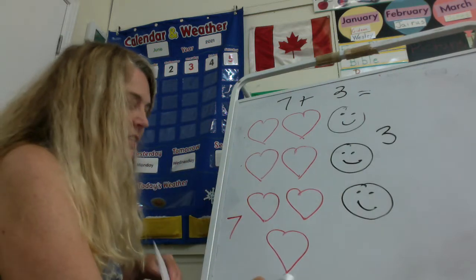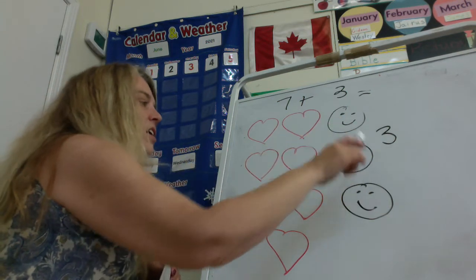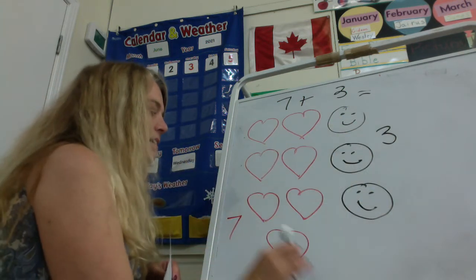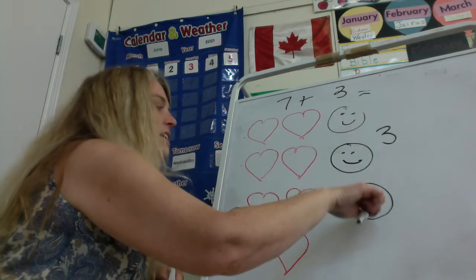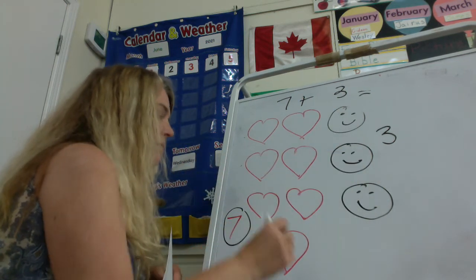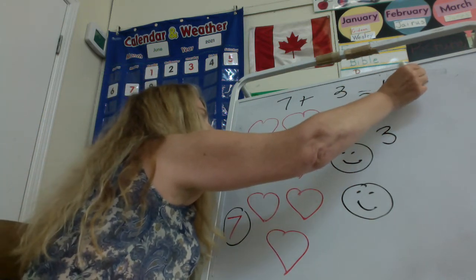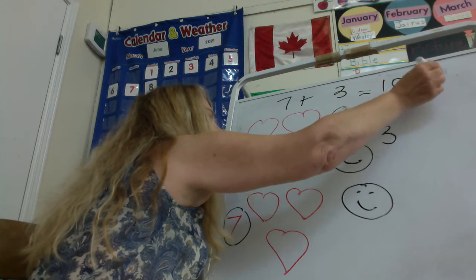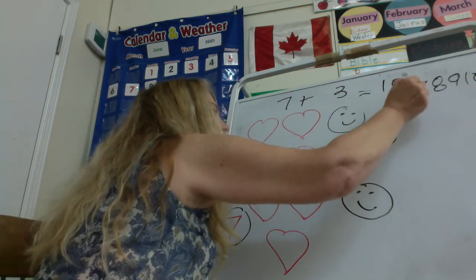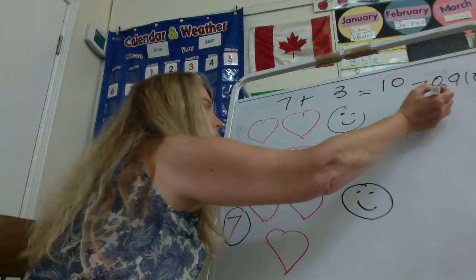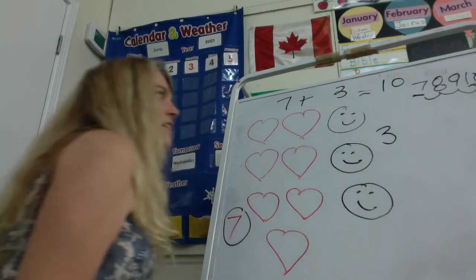We know this is 7, so we'll start at 7. 7, 8, 9, 10. We're counting on from 7. And that equals 10. We hopped over 3. We were at 7 hearts, and we hopped over 3. 1, 2, 3. And that took us to 10.